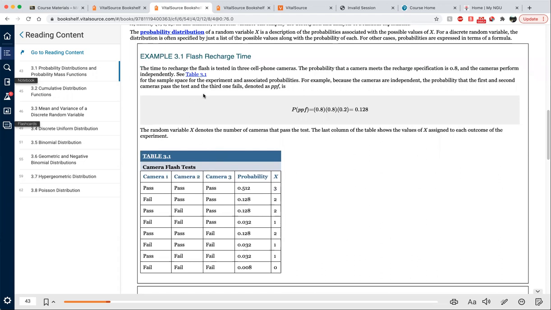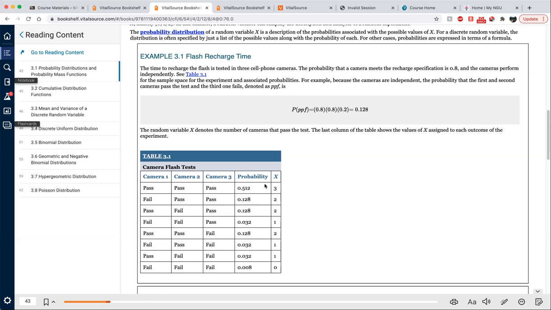The sample space for the experiment and the associated probabilities are right here in table 3.1. You see three cameras, and the pass and fail for the recharge specification. The first one, where all three cameras pass, has probability 0.512.